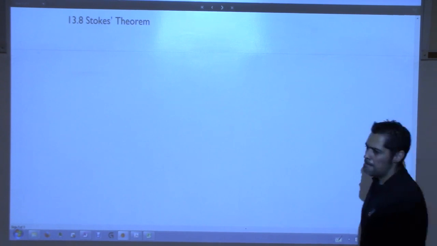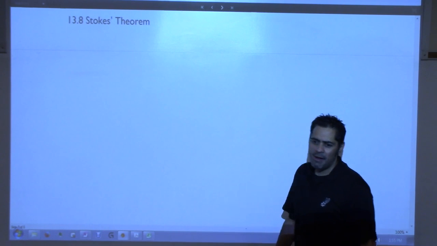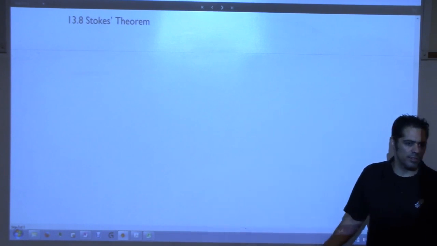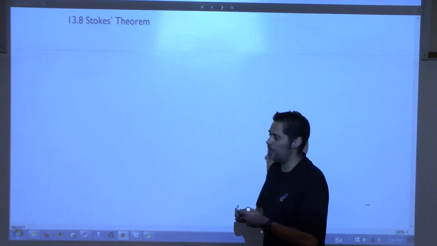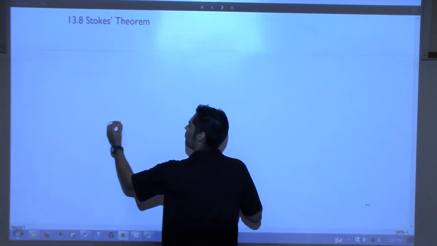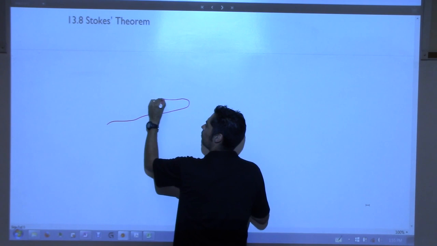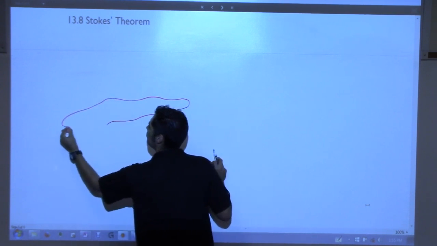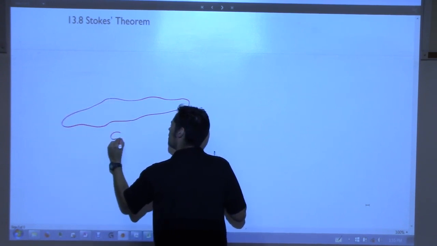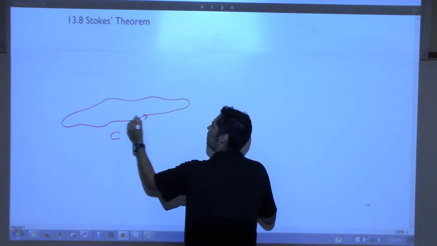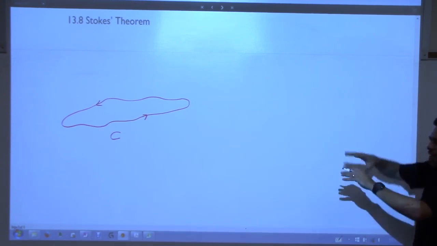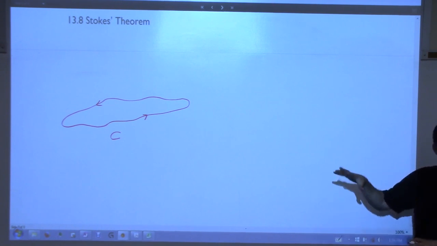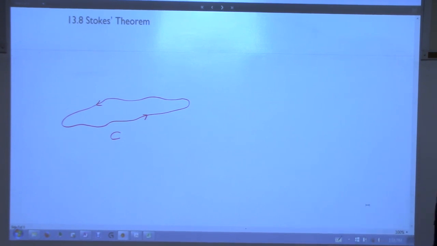It says that, let's say that you have a closed curve in three-dimensional space. Call it C, all right? And we're going to say positive orientation looks like this. Can you all kind of see that that's like a floating rubber band in space?